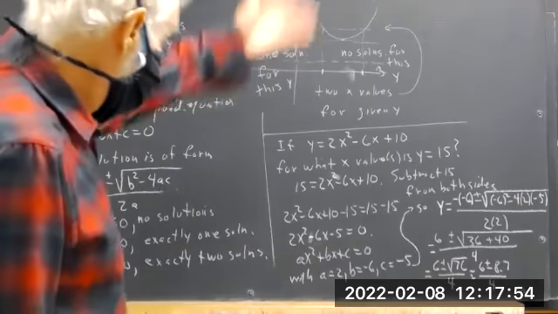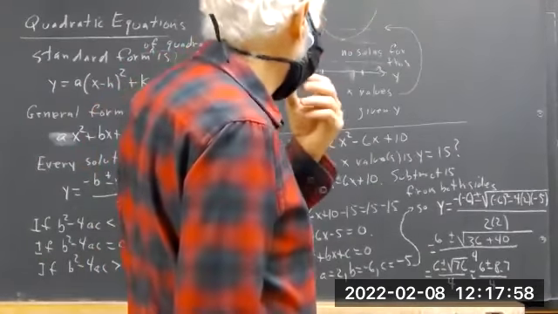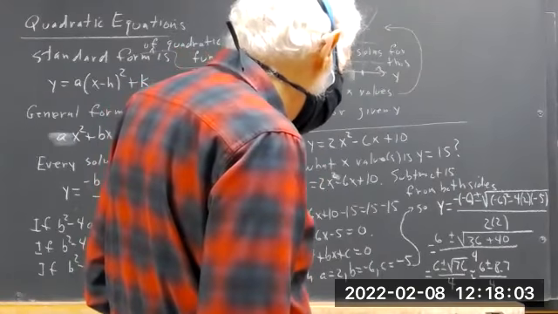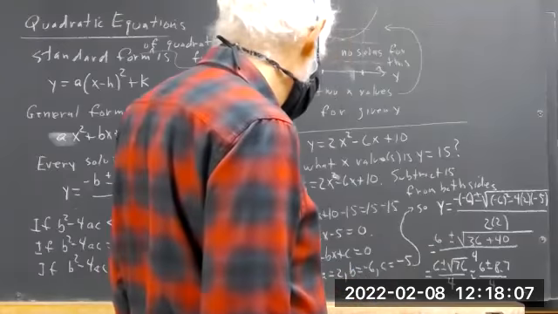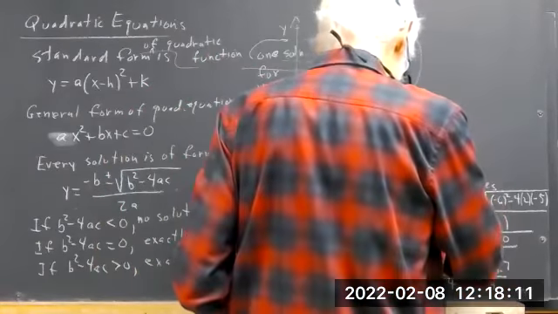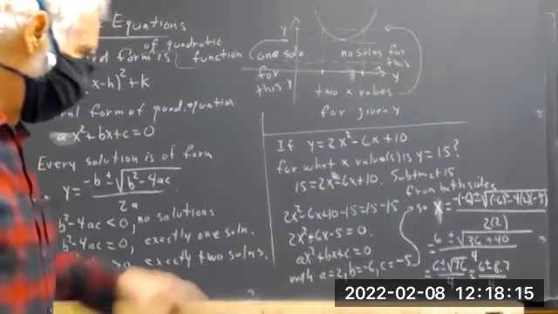Okay, if this is your ax squared plus bx plus c, this gives you two values of x, and I said y. Well, I could blame that brain fog, but who knows?